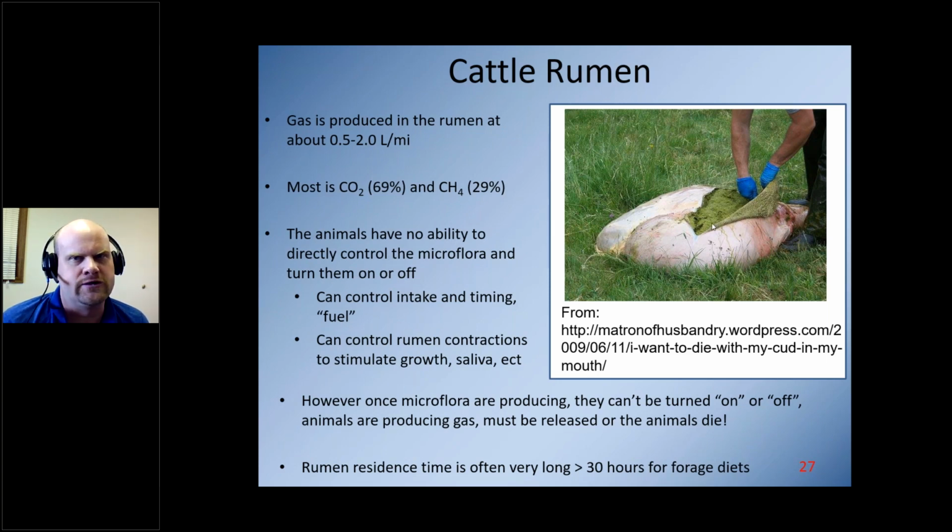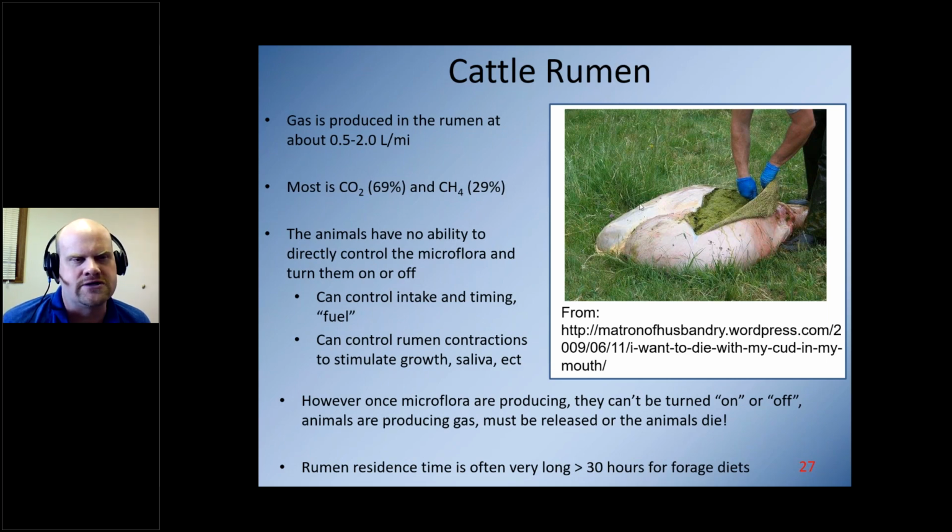When the animals go to sleep, for example, they're still feeding a vat. The microorganisms are always reacting and breaking down the material in the rumen. Cattle don't have the innate ability to quickly shut off or turn on the organisms. Of course, they can control how it's digested through rumen contractions, saliva, and so on.